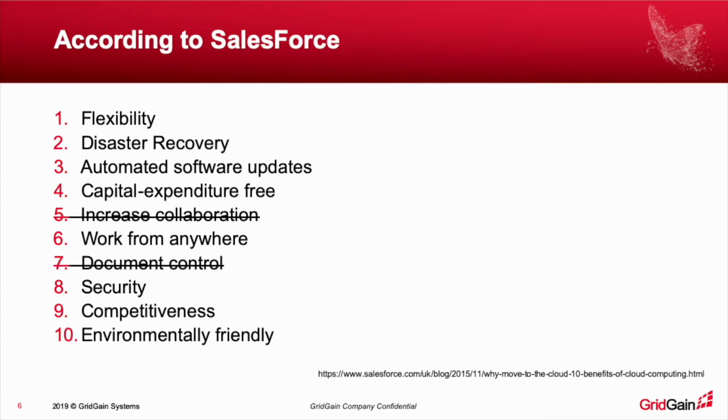Increased collaboration, well, maybe if you're using Salesforce, but not generally just if you're using Amazon Cloud Services. Work from anywhere, well, who knows where your data center is. Document control security is an interesting one. We're going to talk about that in a bit more detail. And environmentally friendly, I guess unless you try and print out your terabyte of data, I don't know.